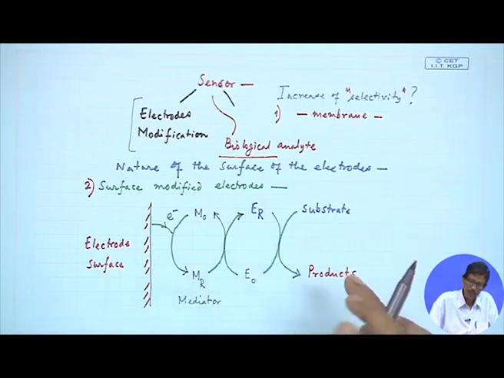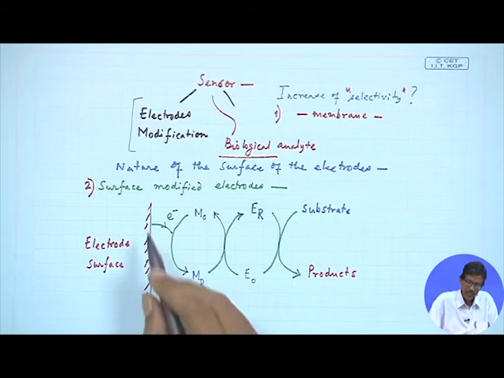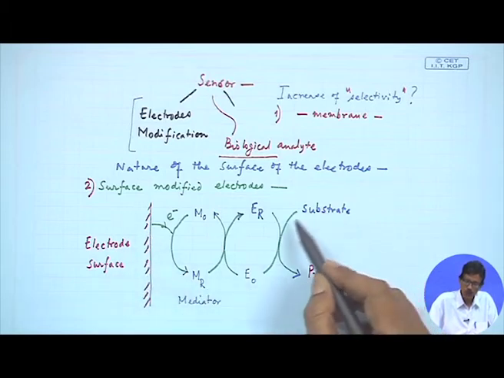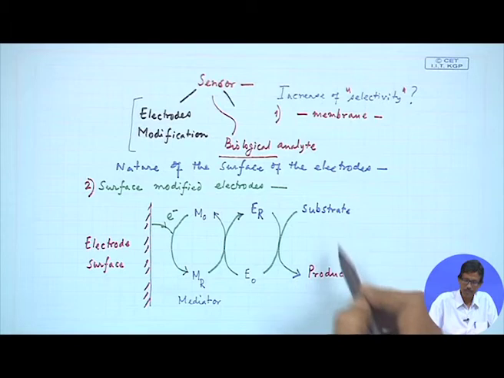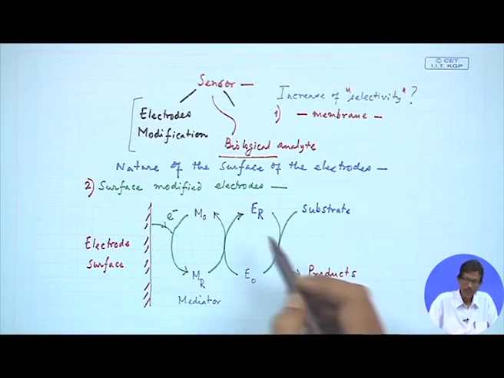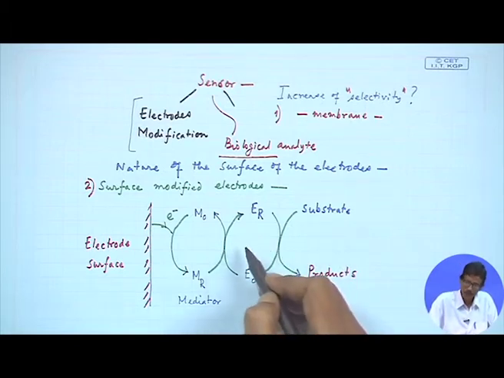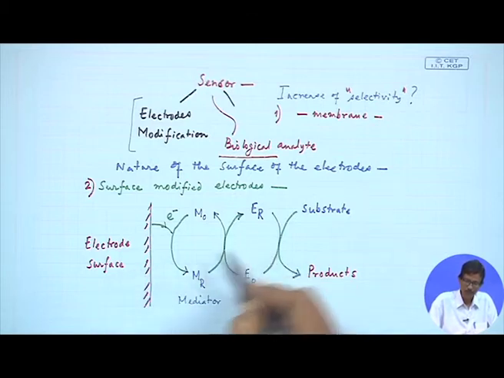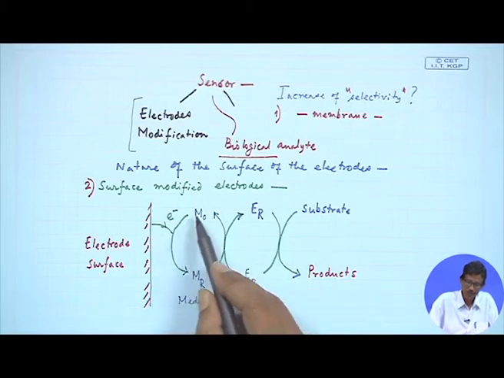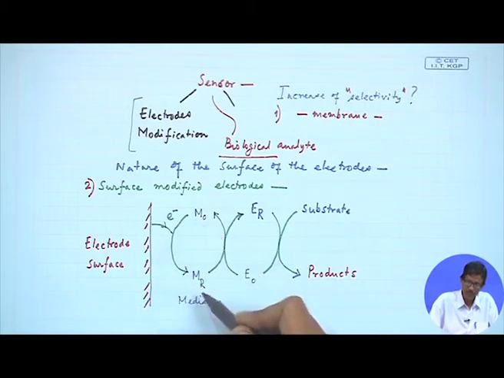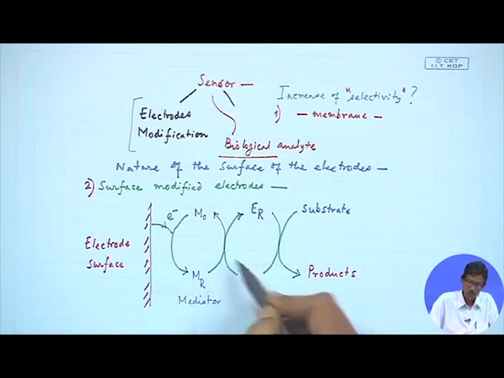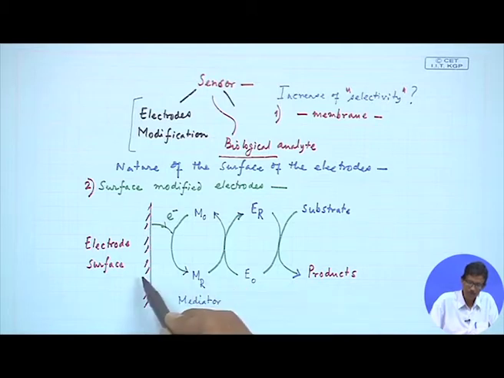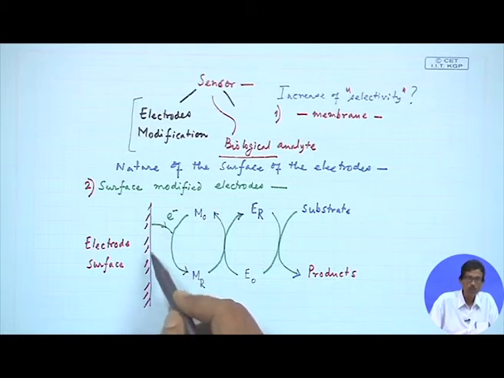One thing you can know nicely is whether the electrode is fine for the electron transfer reaction for getting substrate or product. If it is not, then you bring the enzyme. If it is not active in that way for electron transfer directly from the electrode, because this enzyme is looking for reduction from the mediator oxidized to the mediator reduced, electrons may not go to the enzyme directly. That means, the oxidized enzyme may not be reduced to the reduced enzyme directly by attaching it to the electrode surface.